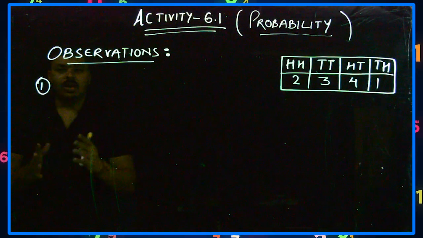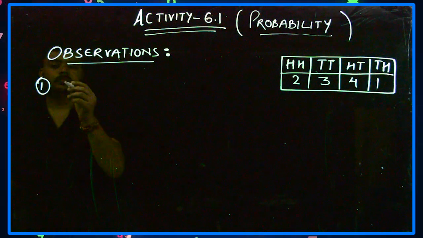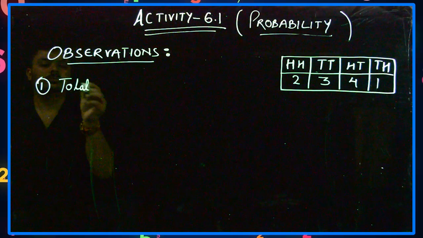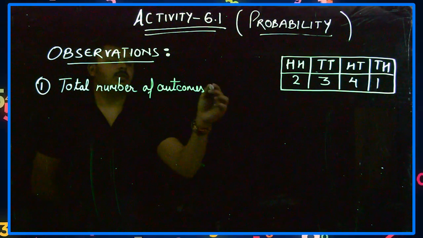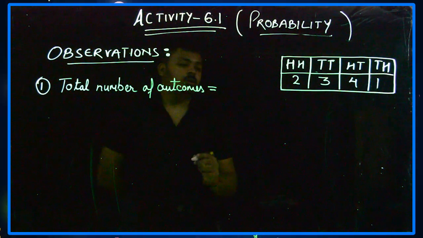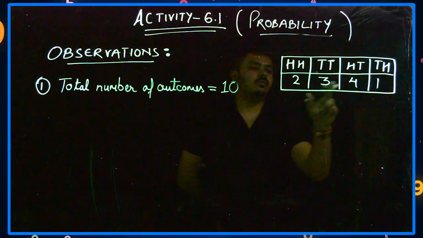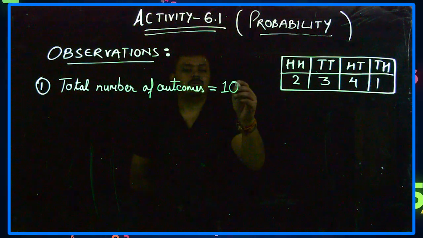So students, now let's see our observations for the given activity. First, the total number of outcomes is the sum of all the outcomes: 2 plus 3 plus 4 plus 1, that is equal to 10.